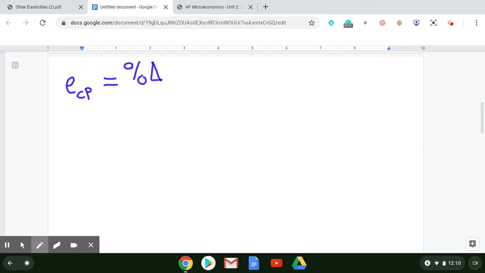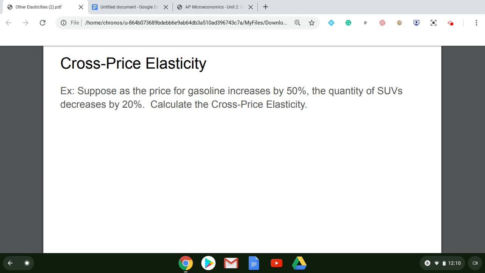Sometimes that happens. A lot of times on AP exams, they just go ahead and give you the percentages, which is really nice because that's less of a calculation. Okay, so we're going to say the percent change in quantity of good Y over the percent change in price of good X. In this case, that's the percent change in the quantity of SUVs.